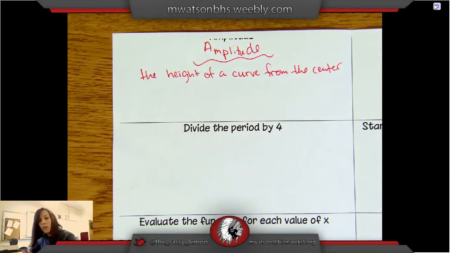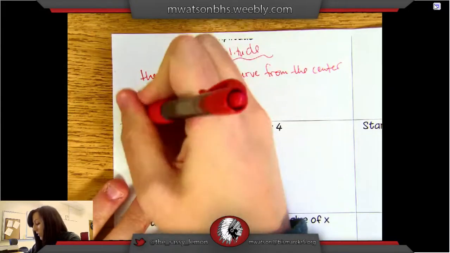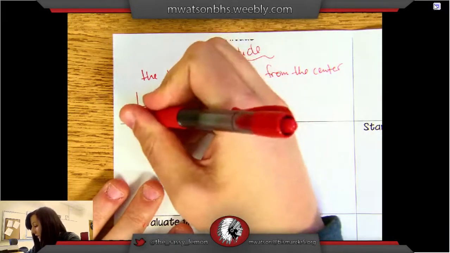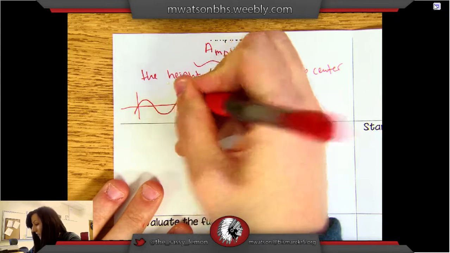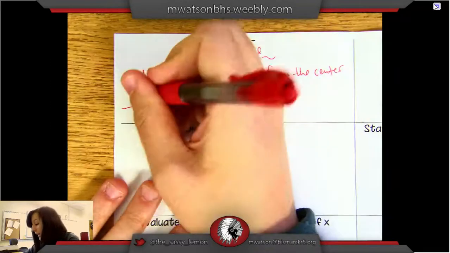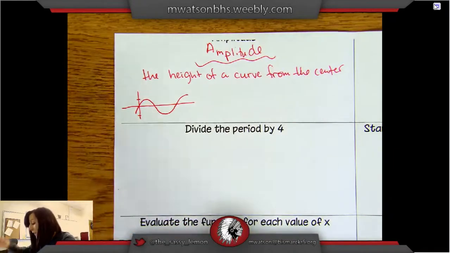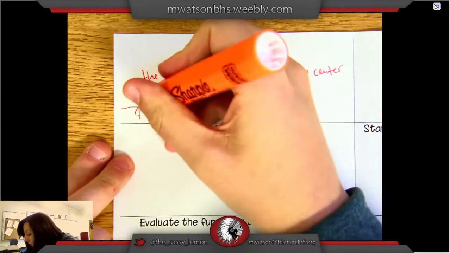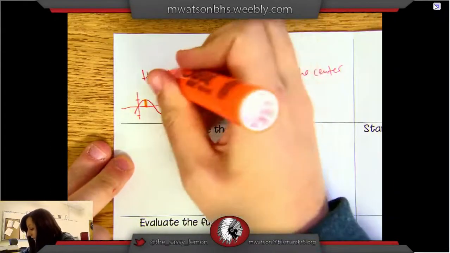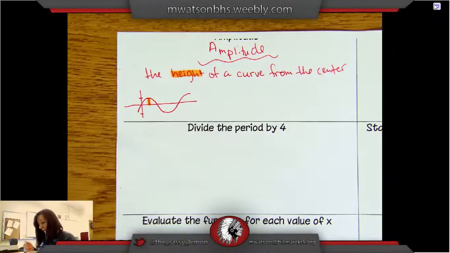You'll see what I mean here in a moment, but if you just want a visual right away, this is a trig function. The height of the curve from the center is going to be this right here. That's the height. So that would be the amplitude.